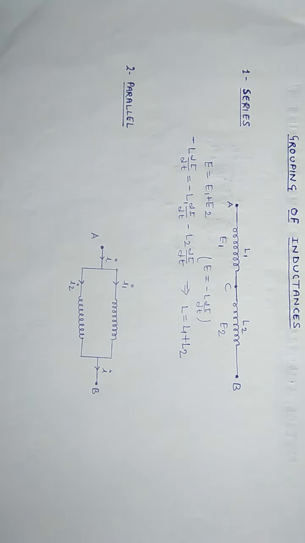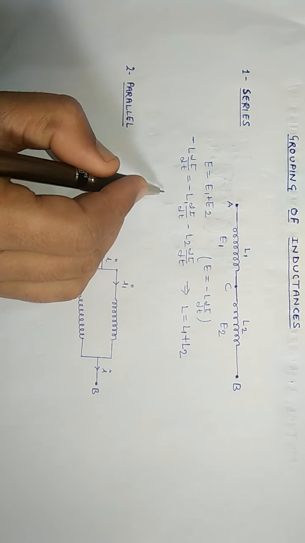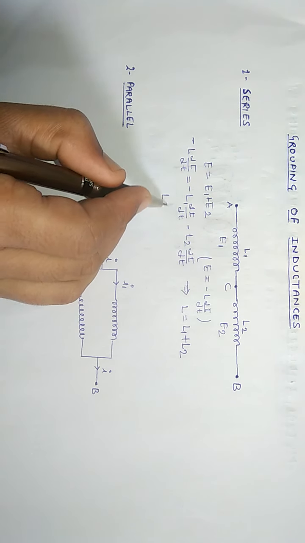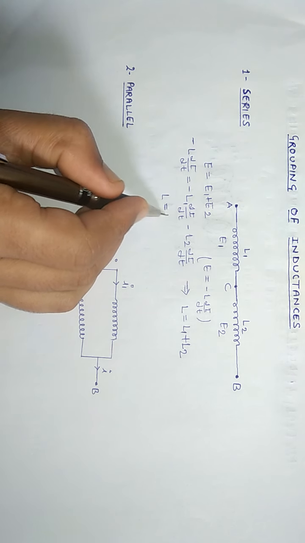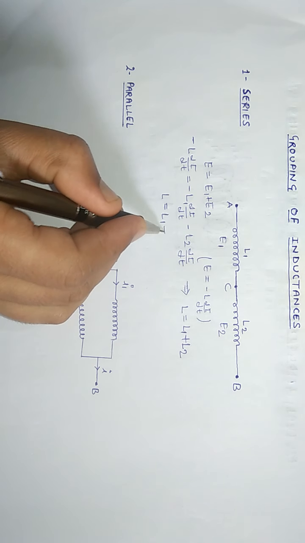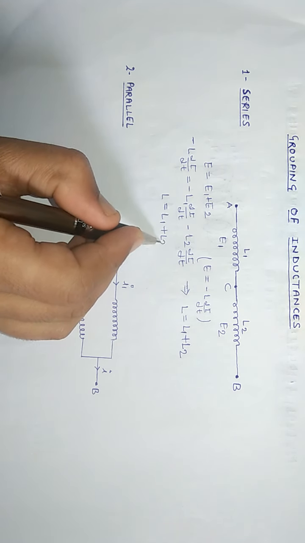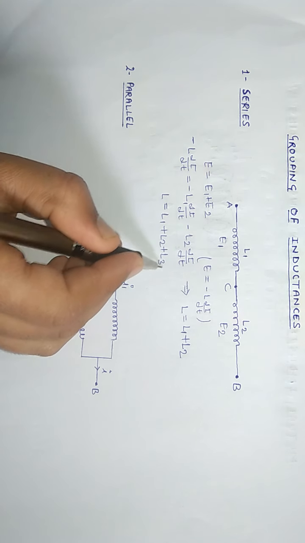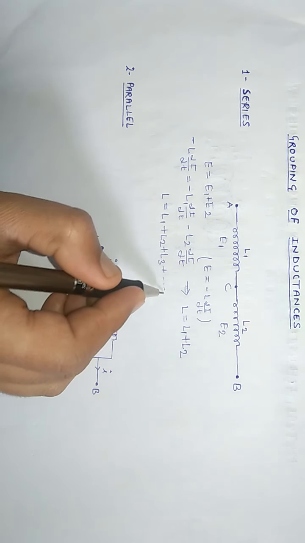If there are n coils which are connected in series, then the resultant inductance of this combination will be L is equal to L1 plus L2 plus L3 up to Ln.